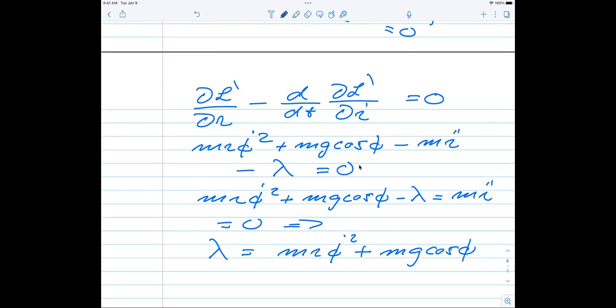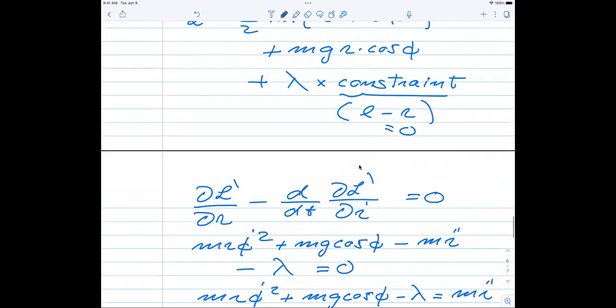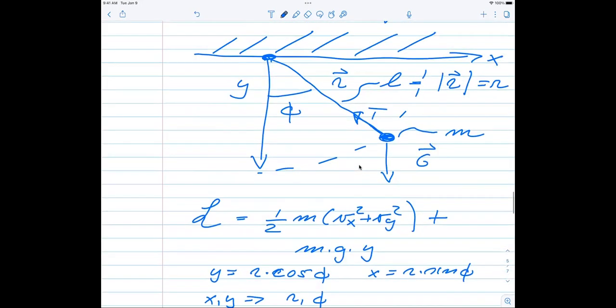Yeah, that's a force. Actually, this force which you see here is going to be this kind of tension force which this object feels. So this lambda, you can actually show that, is going to be given by this guy here. So the force which acts on the object from the rod.